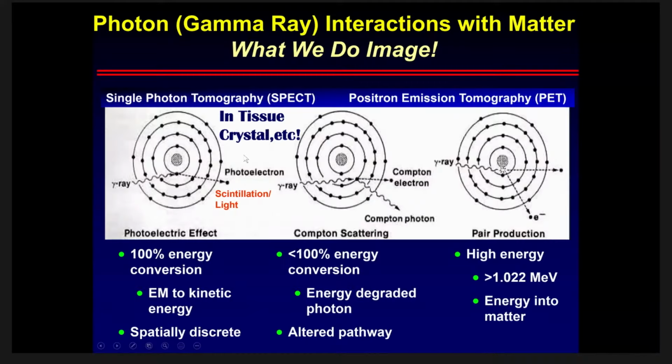But remember that photoelectric effect or interactions with matter also occur in tissue. And we see that, for instance, with Compton scattering, both in crystals and in tissue. And in this situation, instead of getting a full transfer of energy from the X-ray to the particle, you have a deflection of the photon, and you only lose some of the energy instead of losing all of it to the electron.